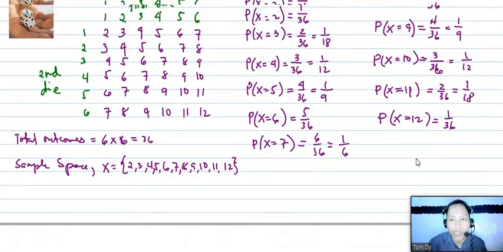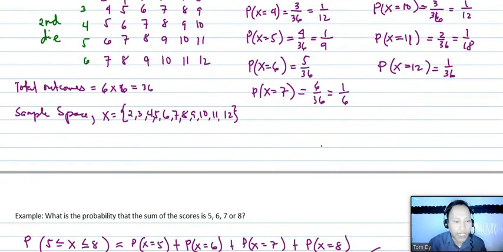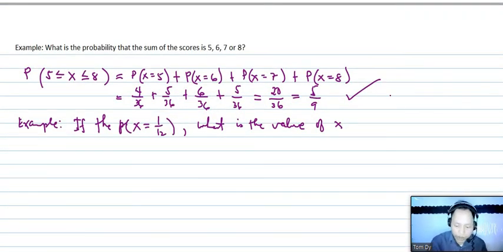We will look at our values here. If you have noticed, 1 over 12, we have this one, x is equal to 10, and for this one, 1 over 12, x is equal to 4. Thus the values of x are 4 and 10, wherein these values of x have a probability of 1 over 12. So 4 and 10 will be our final answer for this particular problem.